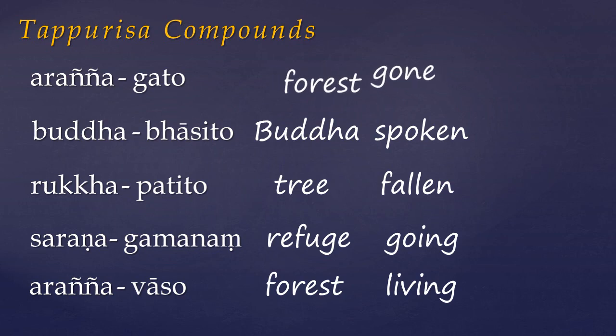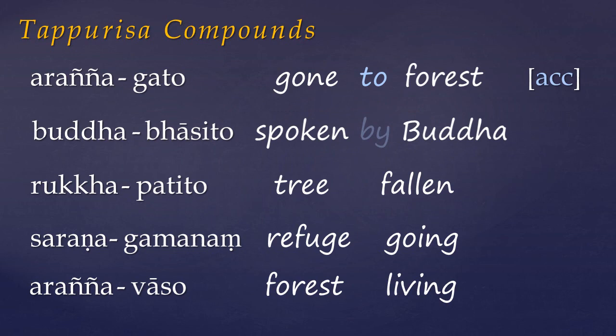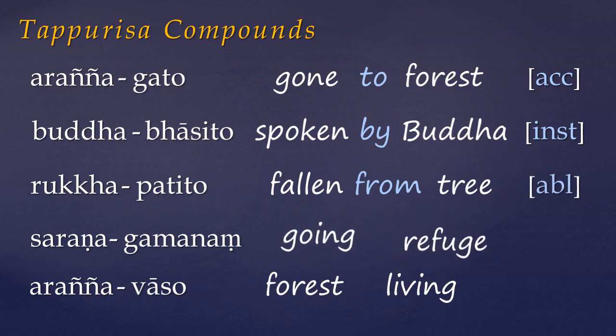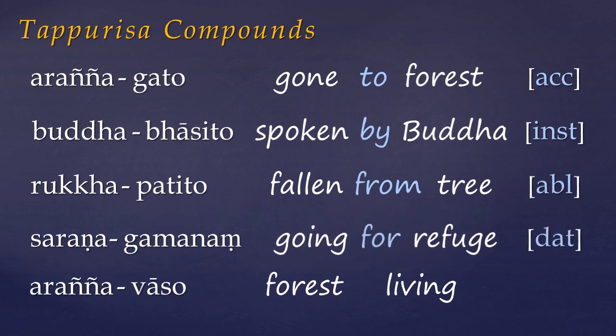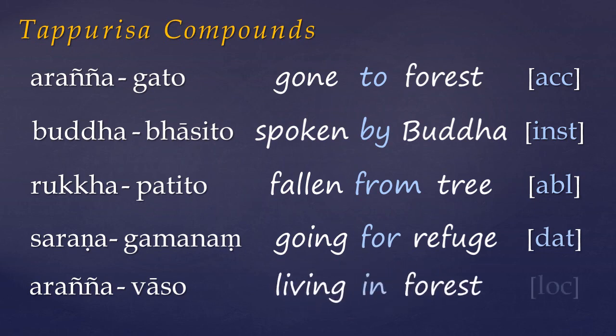So, forest gone means gone to the forest, and Buddha spoken is spoken by the Buddha. Tree fallen, fallen from trees, and refuge going is going for refuge. Forest living, living in the forest.